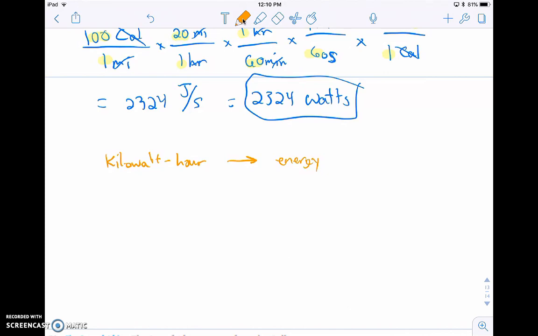So a kilowatt-hour is a unit of energy, and 1 kilowatt-hour is equal to approximately 3.6 million joules.